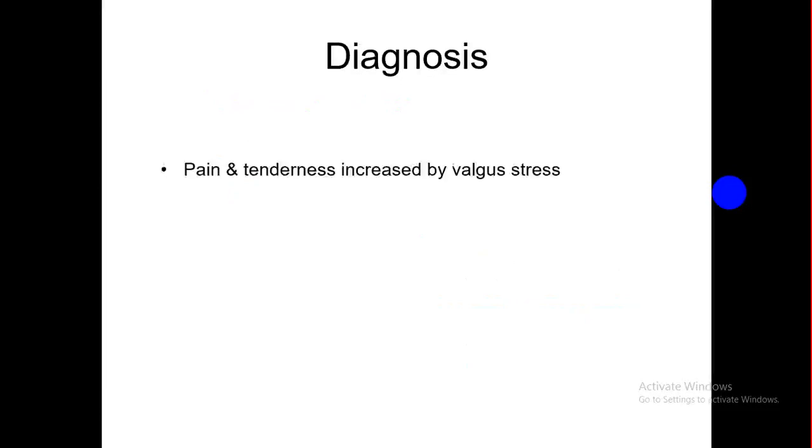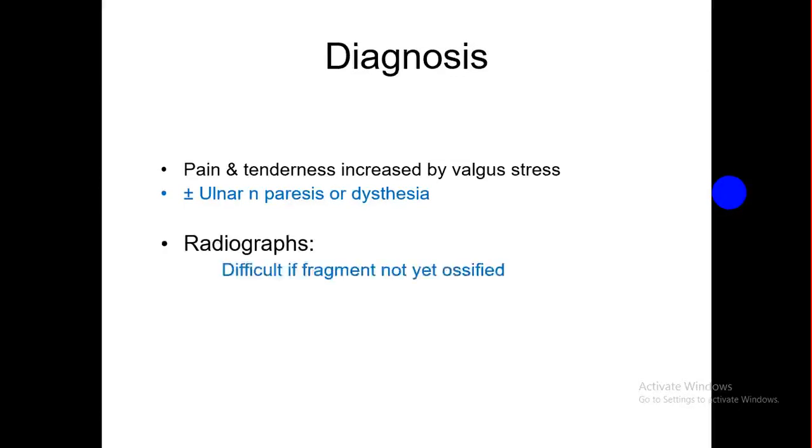The diagnosis is made by pain and tenderness increased by valgus stress, plus or minus ulnar paresis or dysesthesia. Radiographs, difficulty in diagnosing the fracture if the fragment is not united yet before the age of 5. Comparison films could be useful. Get an X-ray of the other side.